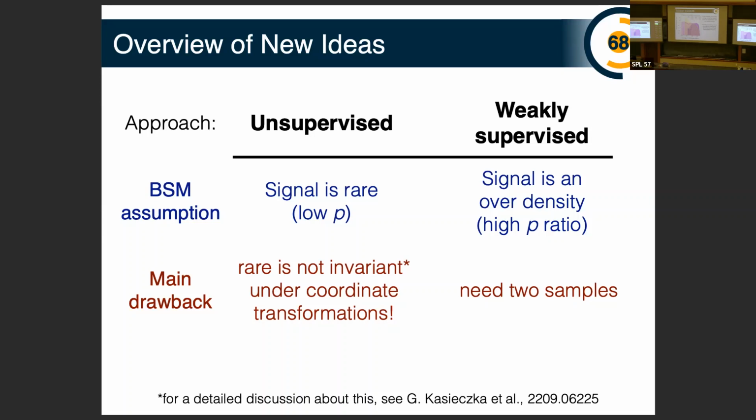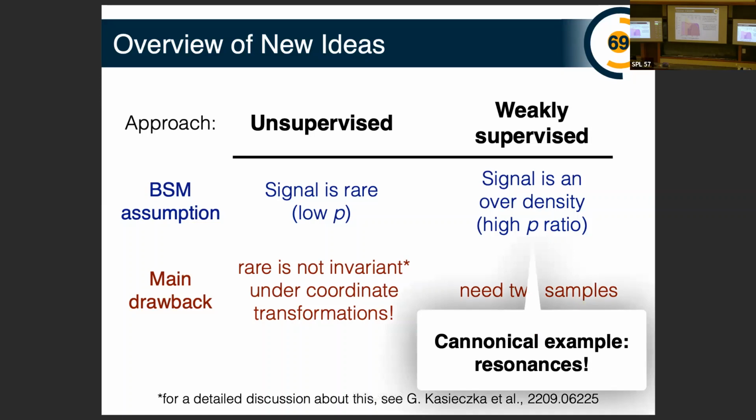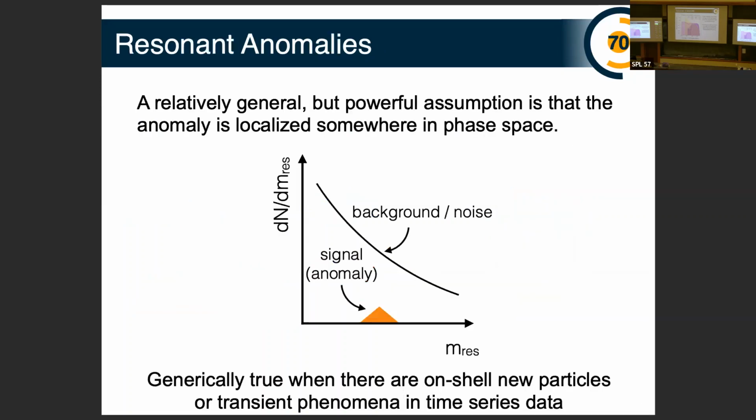Okay. So in the last minutes, I'm going to give an explicit example. The canonical example is a resonance search, and I'll say what I mean by that in a second. A very general strategy is to imagine there's some dimension, some observable called m_res, a resonant feature. I use m because it's often a mass.